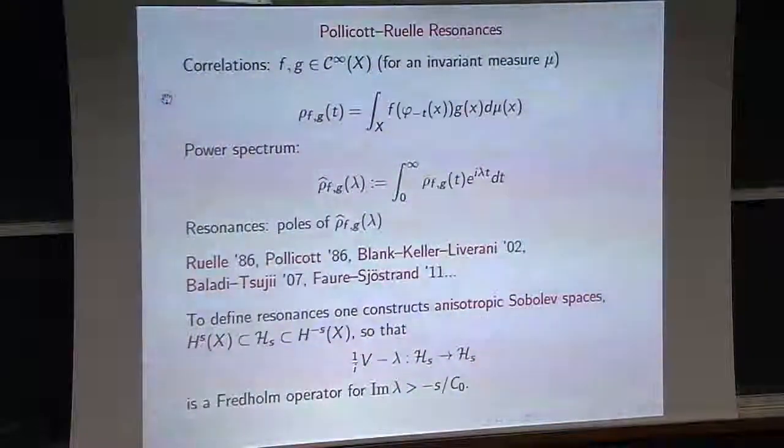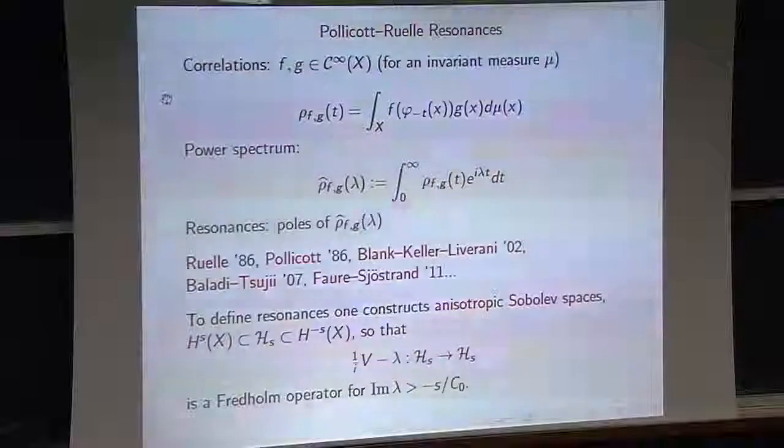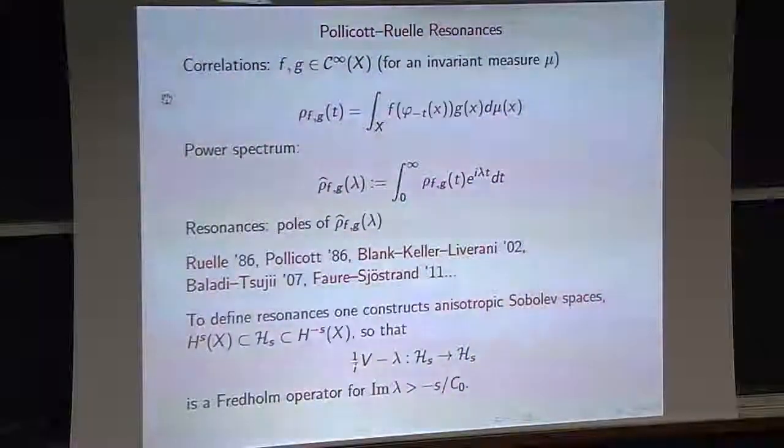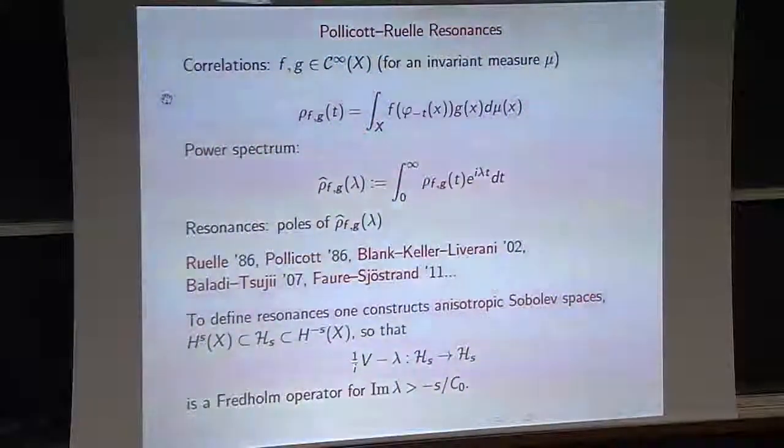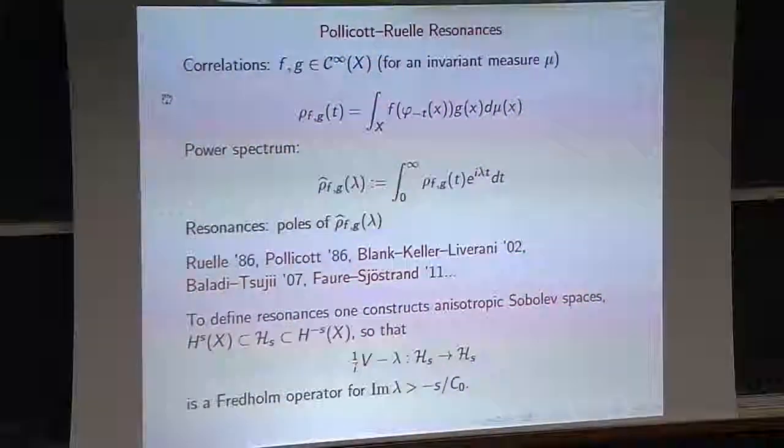This operator has a spectrum which is just the whole real line as a spectrum on L2 with respect to this invariant measure. But if you change your spaces, you introduce something called anisotropic Sobolev spaces, what you get is a Fredholm property, provided that the imaginary part of lambda is bounded from below by minus s, where s is the index here. And these spaces are closely related to Sobolev spaces.